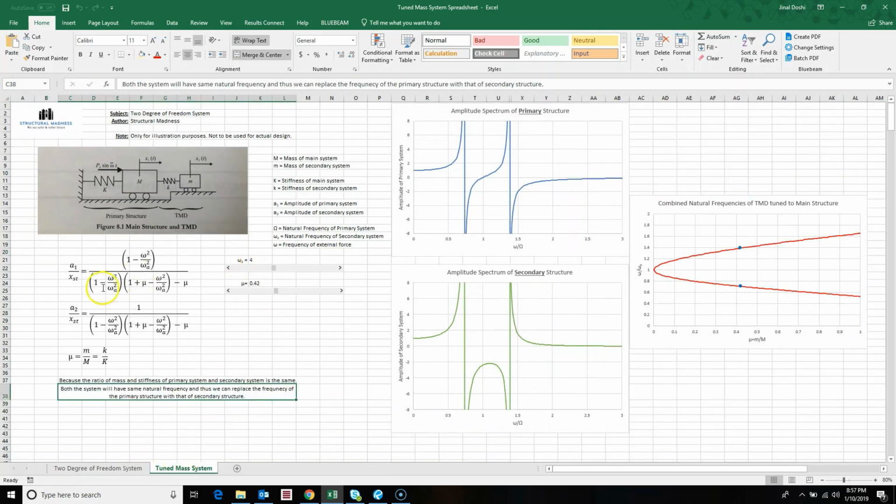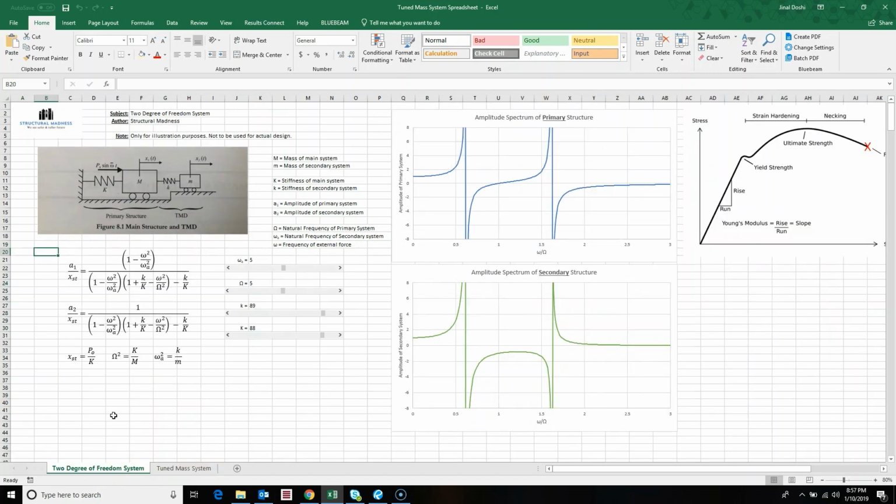Now the other tab just talks about omega A, that's the frequency of the damper, and mu. Mu is the ratio of the mass of the tuned mass damper over the mass of the primary structure, which is also equal to the stiffness of the tuned mass damper over the stiffness of the primary structure.